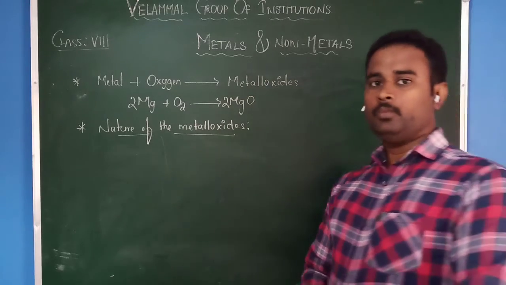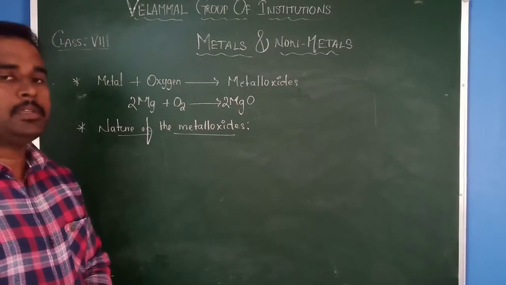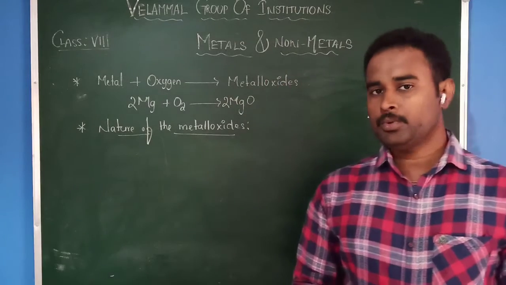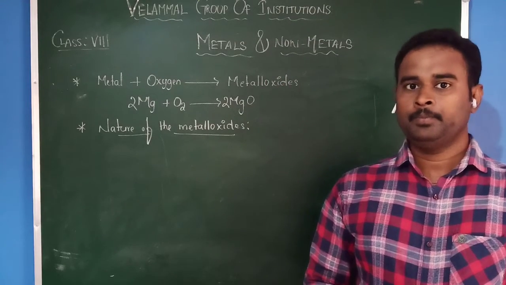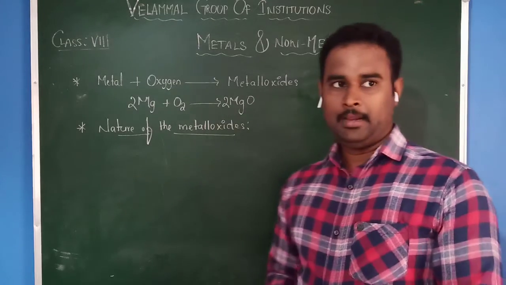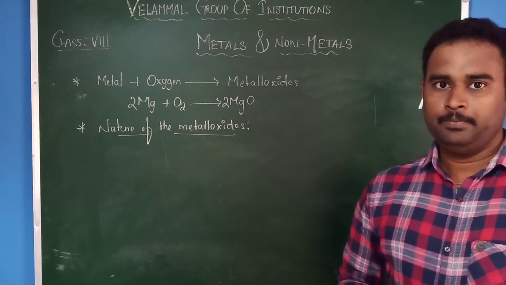Usually all compounds come under three types: acidic compounds, basic compounds and salts. Now here, whether these metal oxides are acidic in nature or basic in nature or salts, let us find.